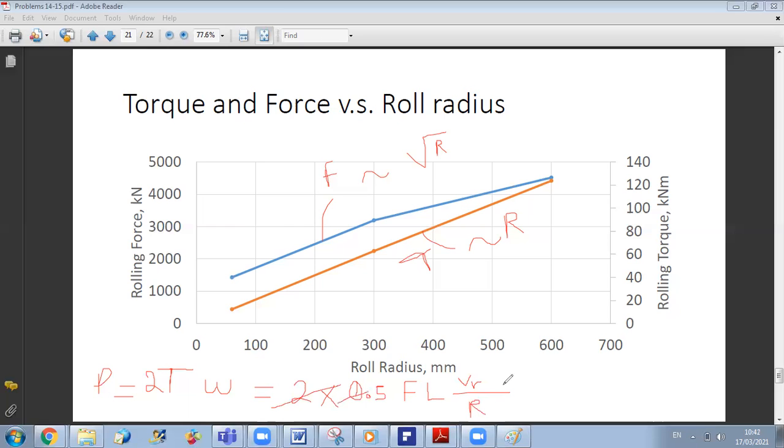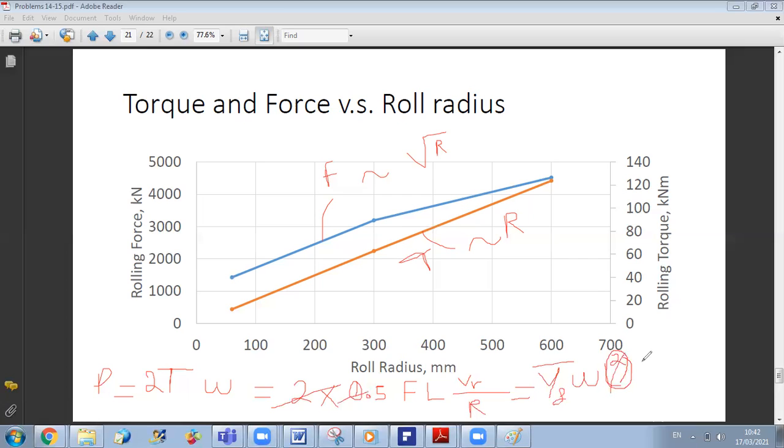Now, if we replace F by its value, F is the average flow stress Y times the width of the plate times L. Already we have L in F, and times L another time, it's L squared, times VR over R. Now I will just replace L squared by its value.